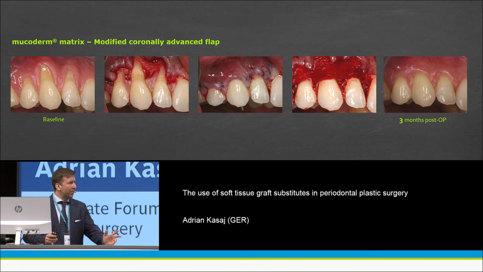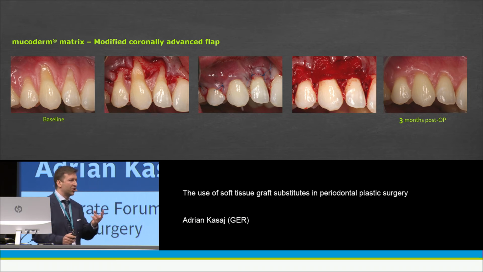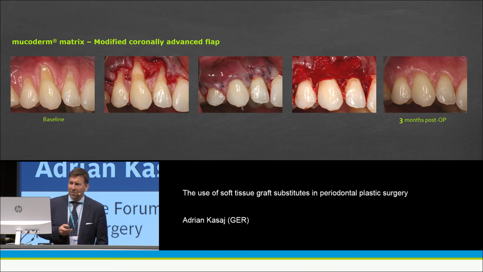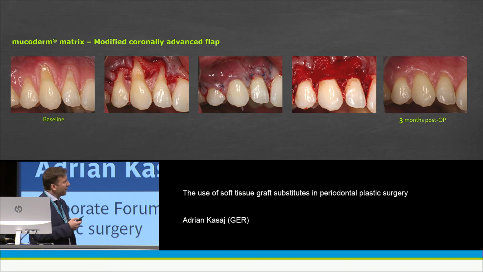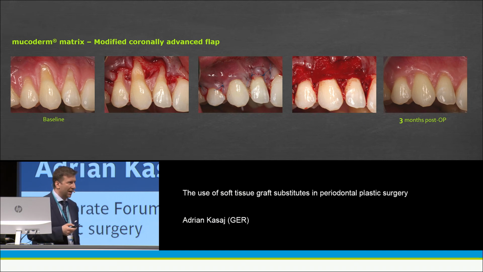Also here, the multiple recessions, so you can use all the different techniques you know, just as long as you have sufficient vascularization of the overlying flap. You can also go for a modified coronally advanced flap, like in this case. You see the multiple recession with the center of rotation at the canine region. Again, the rehydrated and adapted Macadam Matrix.